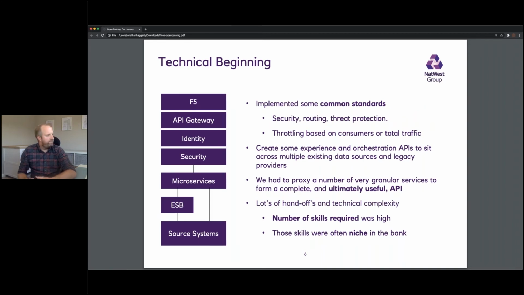So here's a brief view into how we went about implementing this, at least in the first iteration. We put some common standards in that everyone could benefit from. There are things like security, standing up an endpoint, threat protection, understanding who customers and consumers are.